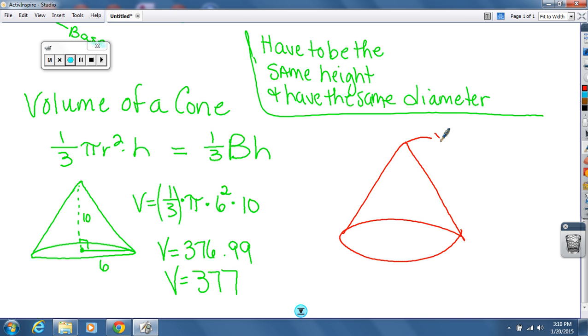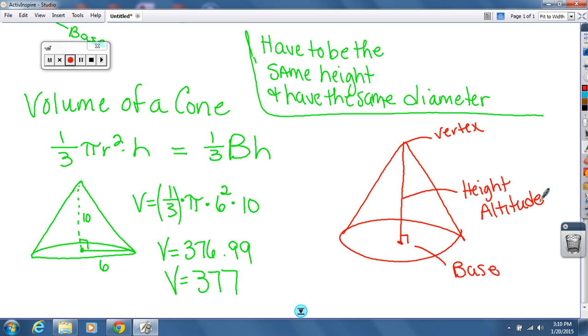So this would actually be my vertex. This is my base. And the height comes directly from your vertex down. This is called your height or your altitude. They're the same thing. And then the surface of this cone is actually called the lateral surface. So those are parts of our cones that we talked about.